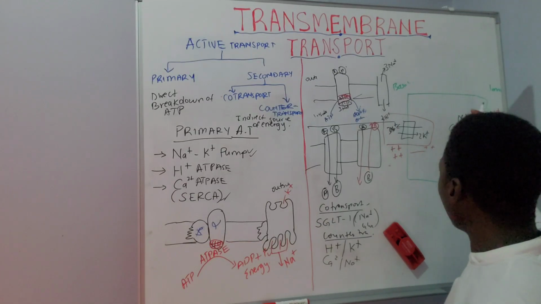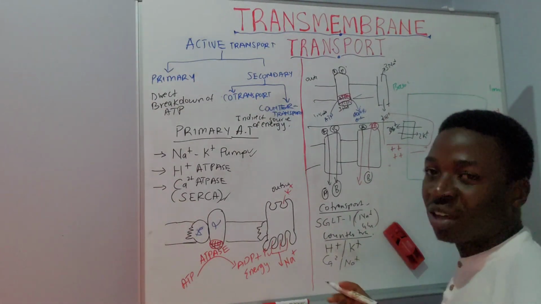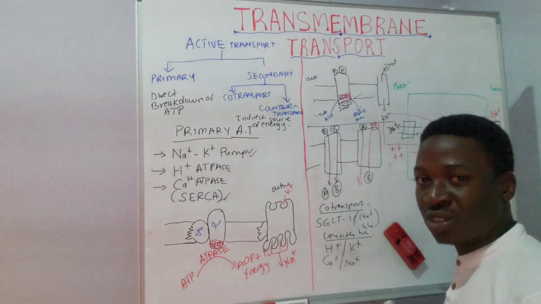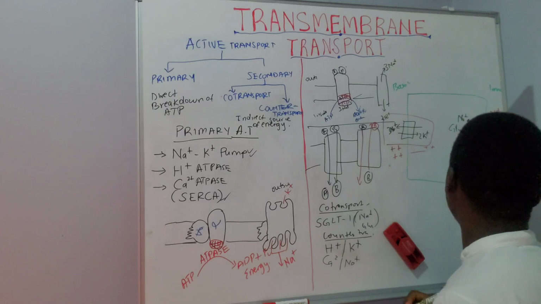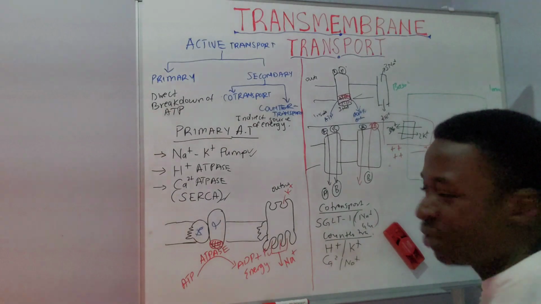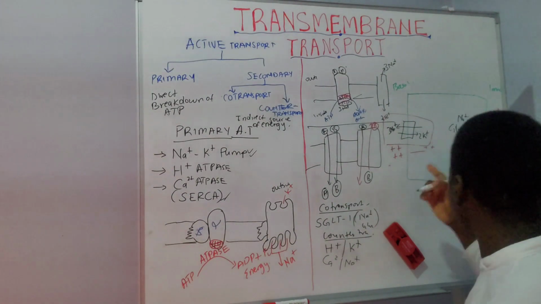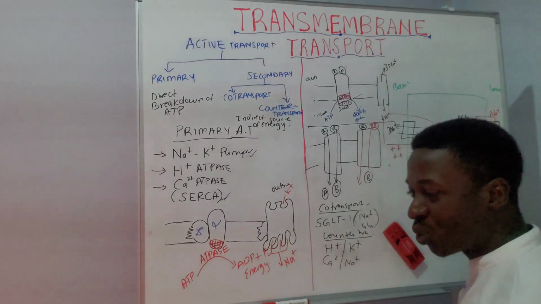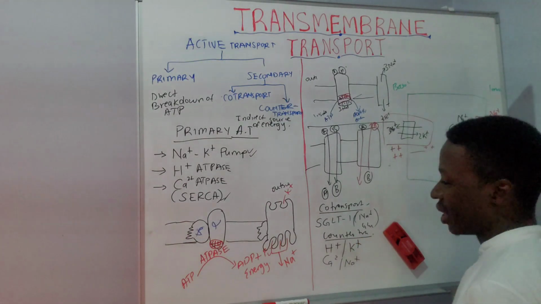Energy utilized for the movement of glucose is generated by the gradient created by the sodium-potassium pump, a primary active transport mechanism. Whereas if it is counter transport, same thing. The energy gradient created will provide the concentration gradient required to move any molecule to the other side.